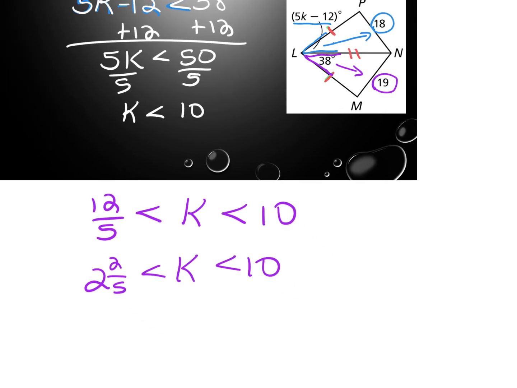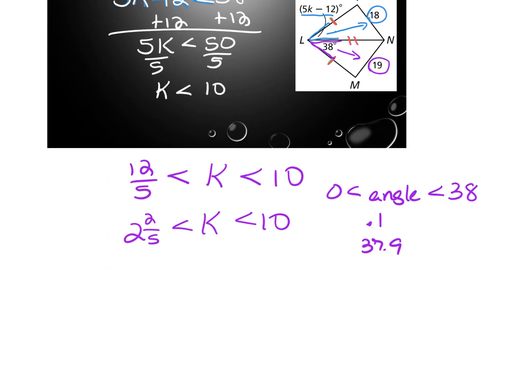The angle has to be something that's less than 38 but greater than 0. This is why I had to write two separate inequalities, because technically this angle measure could be 0.1 or it could be as big as 37.9, and then it'll still be less than the 38.